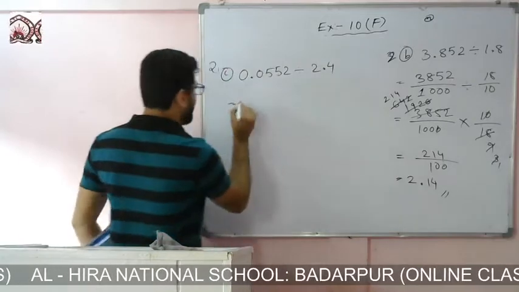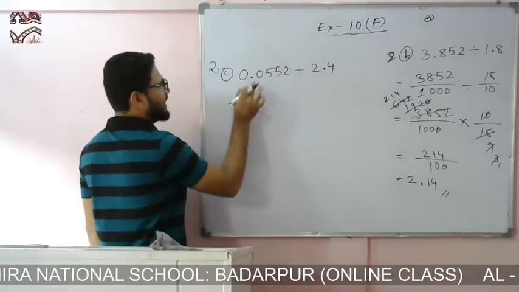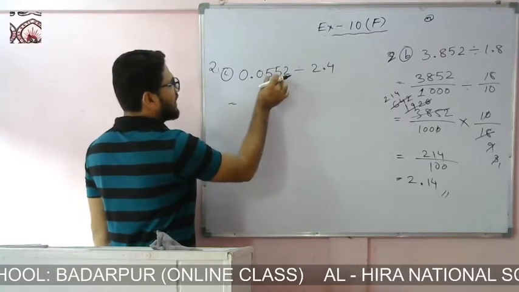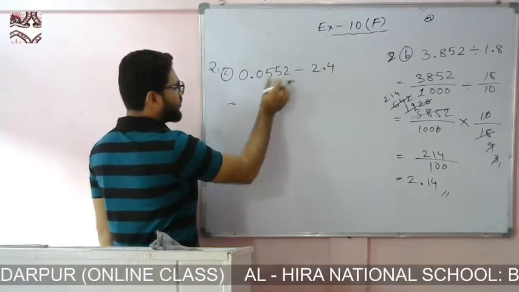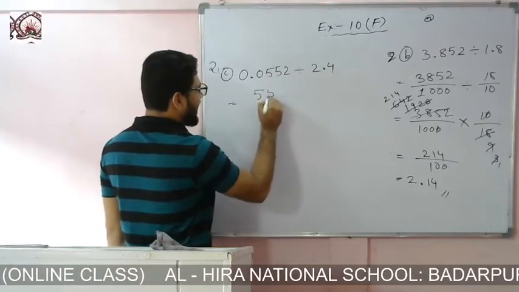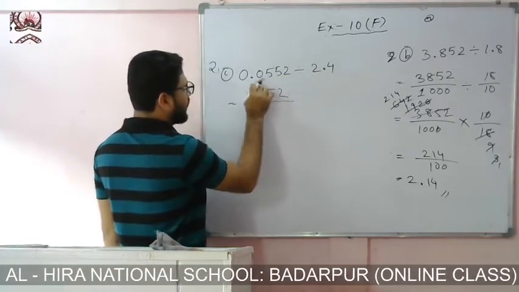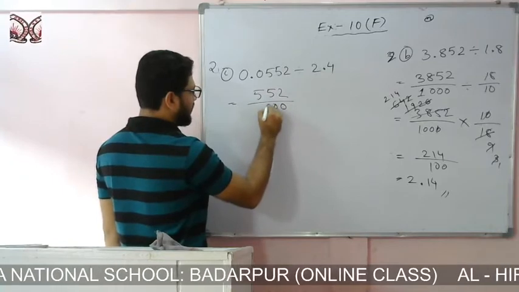Okay. So you omit this point. If you omit this point, then 00552. So directly I can write 552. Okay. So 552 divided by 1 2 3 4, that means 4 zeros.